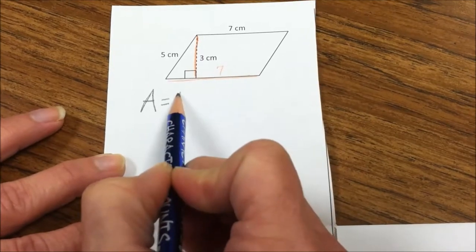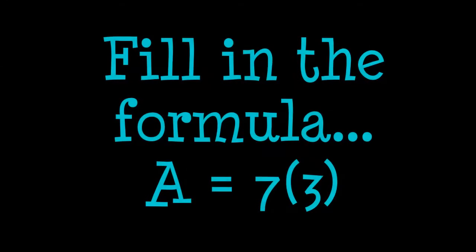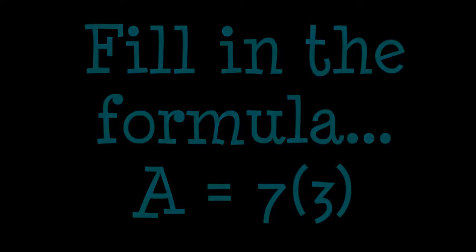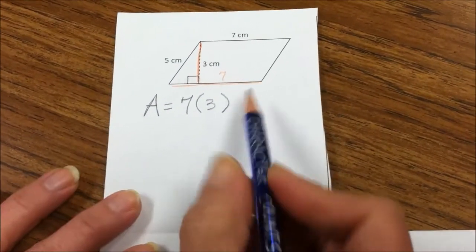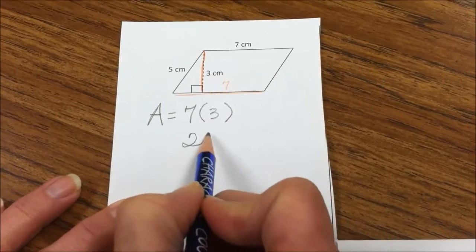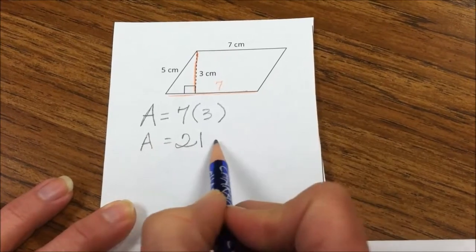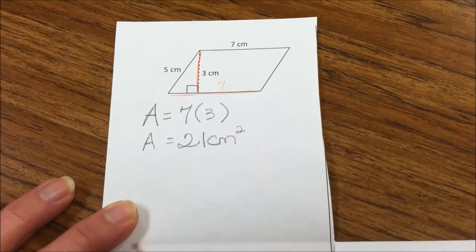My base we said was 7. The height is 3. We're going to multiply those two together, which is going to give us 21. And we're working with area, so we always want to make sure that we label, and you always want to square your answer.